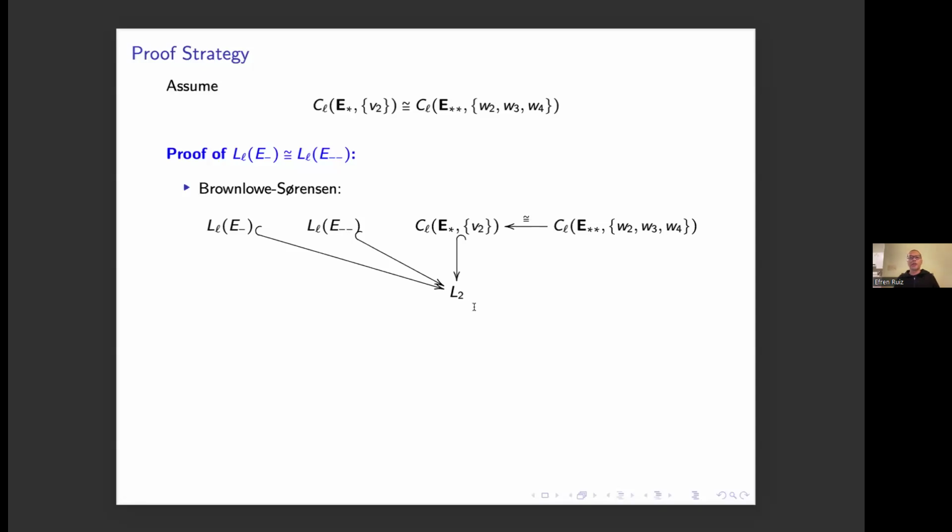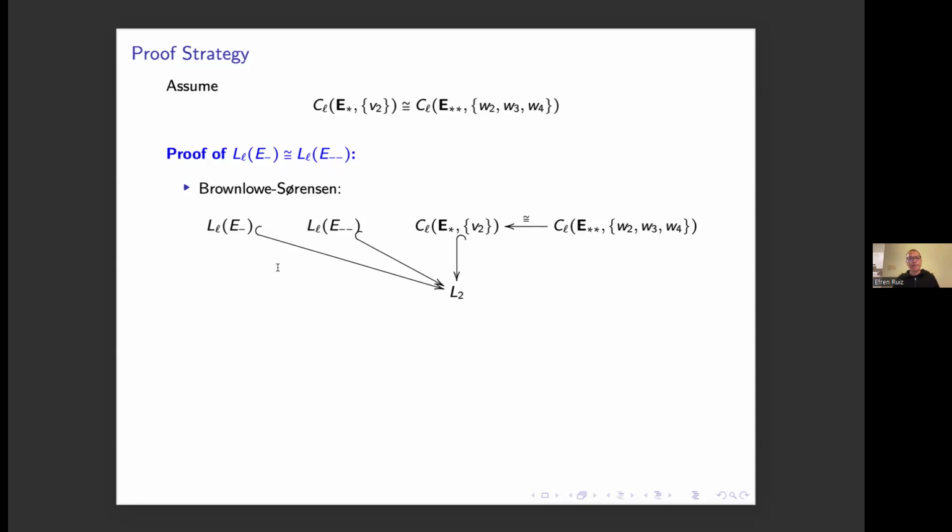Okay, so the reason why we like this is because L2 has the property that every two non-zero idempotents are Murray-von Neumann equivalent. So this allows us to build a bunch of Leavitt E minus and E minus families in L2.